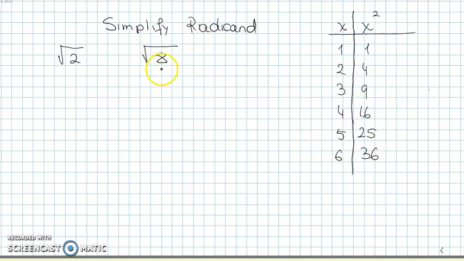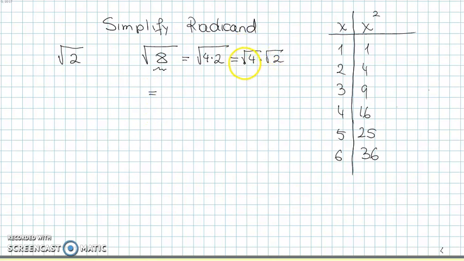So let's say I have square root of 8. I want to rewrite this number 8 as a product of one of the numbers that is a perfect square and something else. So I can obviously rewrite square root of 8 as the square root of 4 times 2. Now when I have a perfect square under the root, I can divide this as square root 4 times square root 2.